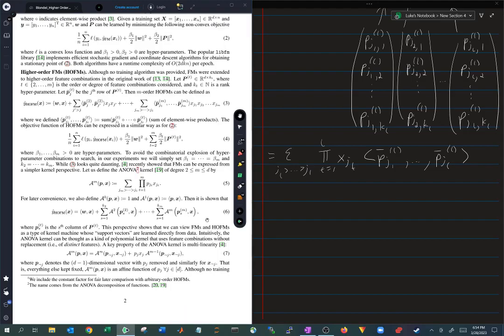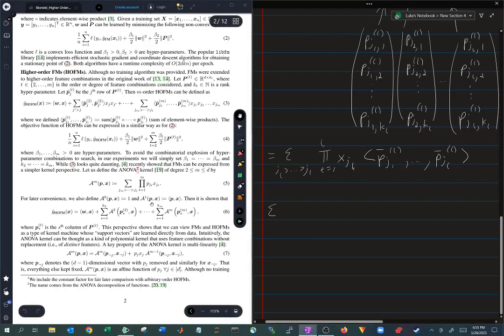I'll just choose degree m, just because that's how I have it written in my notes. But basically what I'm going to show is that this term here is equal to this term here. And because m is arbitrary, that will show that the entire sums are equal. And so then equation 3 is equal to equation 6.